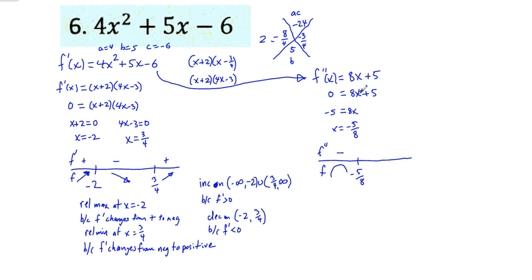And greater than -5/8, say we plug in 0, we're going to get f double prime being positive, which means the original function f is concave up.